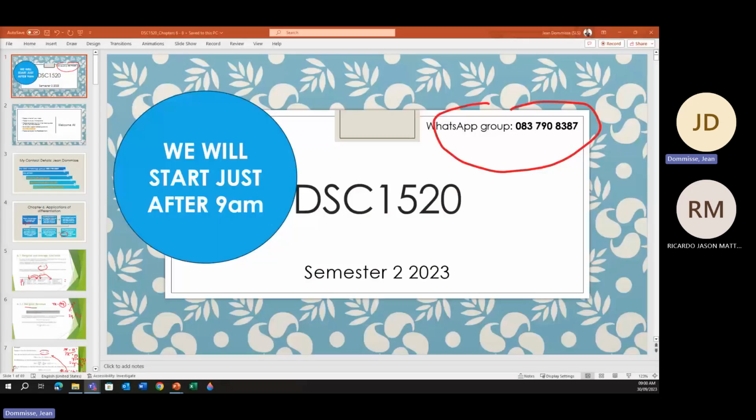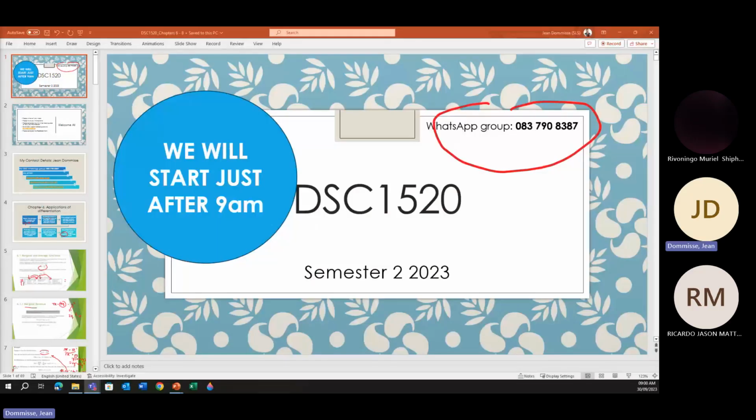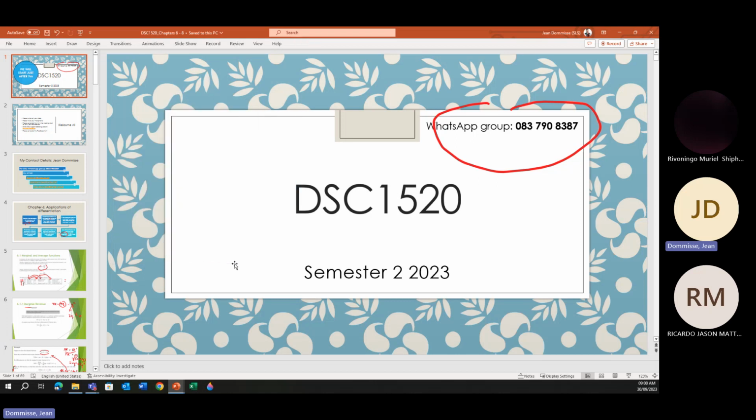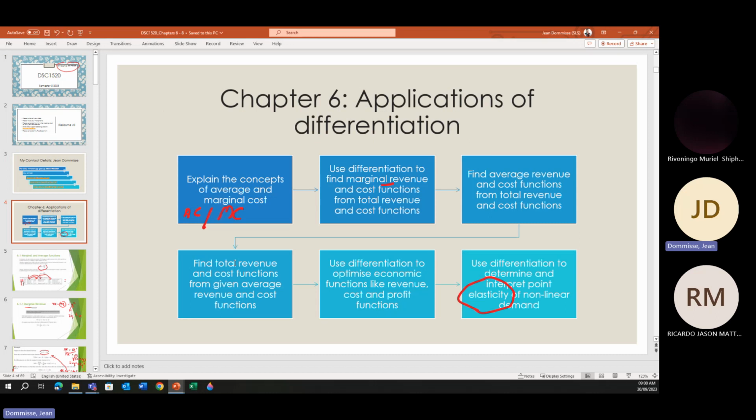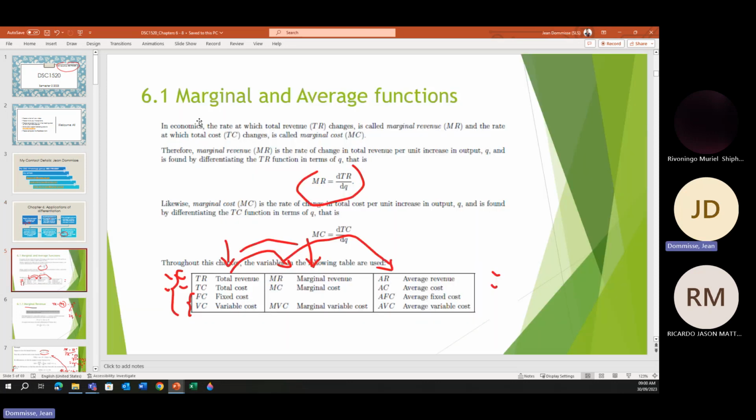And then we can continue from last week. So basically, just to recap again what we did last time. We looked at the application of differentiation. We looked at your average and marginal functions.